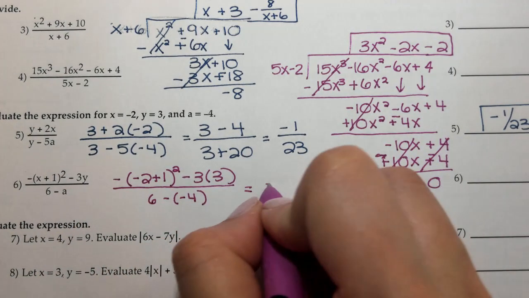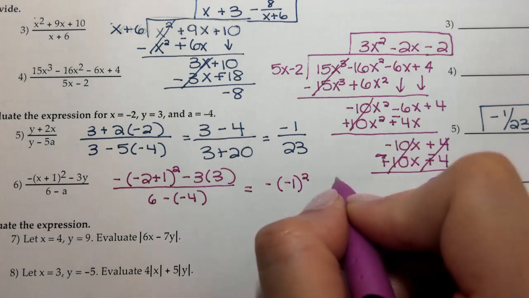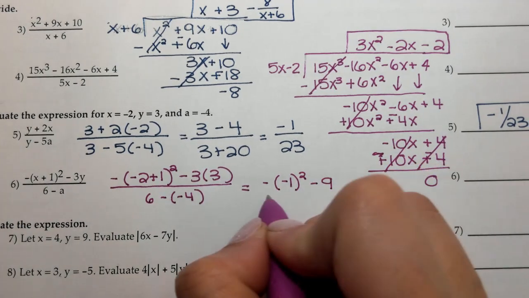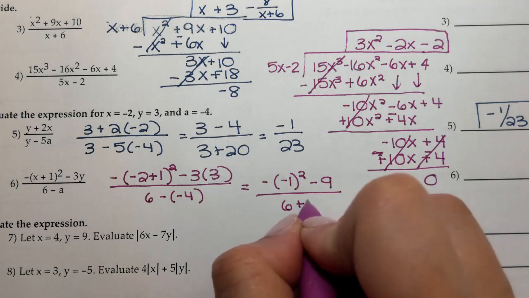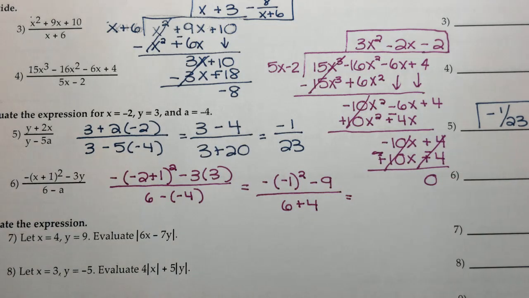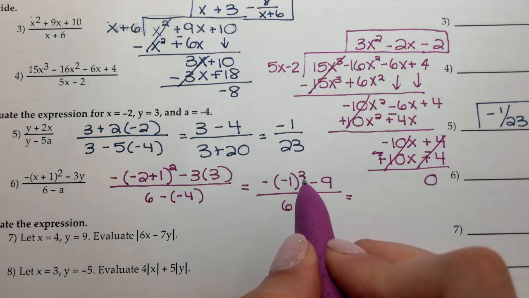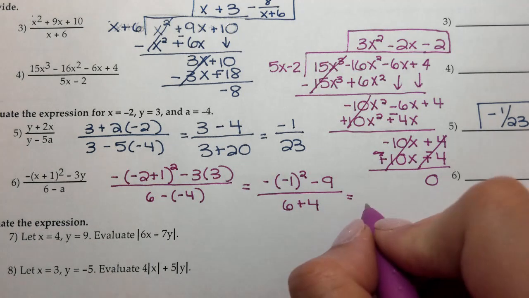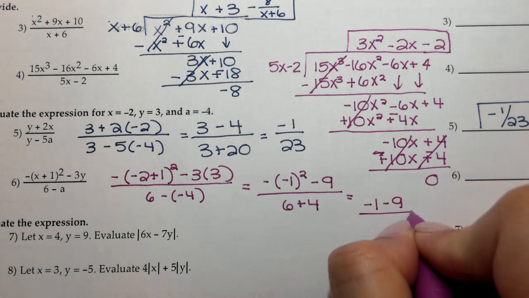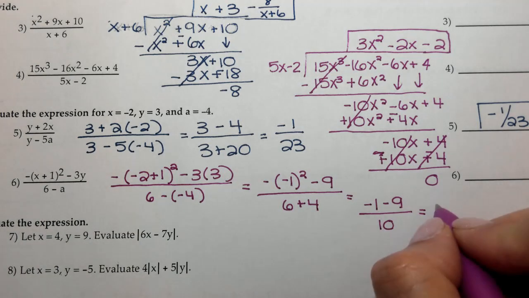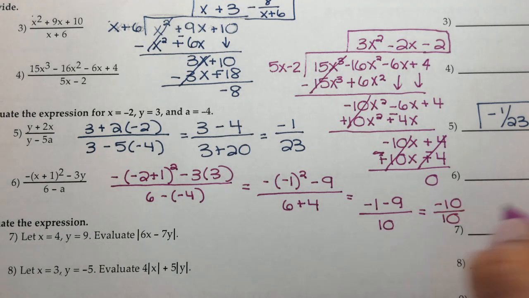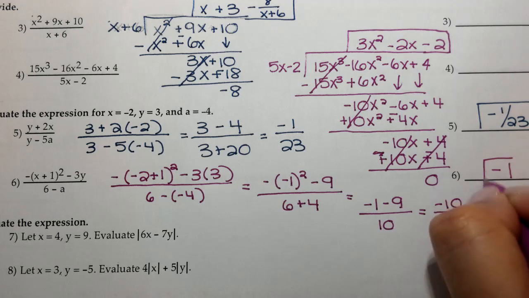So this gives me negative of negative 1 squared minus 9 over, make sure this becomes 6 plus 4. Negative 1 squared is a positive 1, but there's a negative there, so we get negative 1 minus 9 over 6 plus 4, which is 10. Negative 1 minus 9 is a negative 10 over 10, which simplifies to a negative 1.